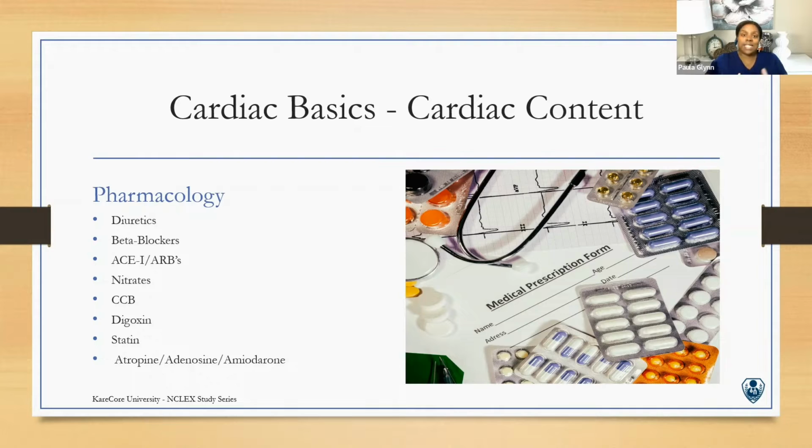We're going to want to understand how we actually administer those drugs to the patient, and then also what the expected side effects are. As for adenosine, you expect to see some type of block in the patient's EKG rhythm.